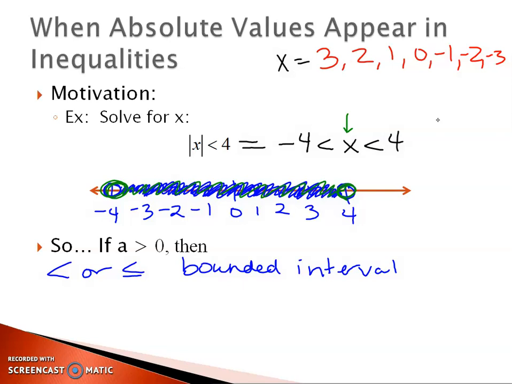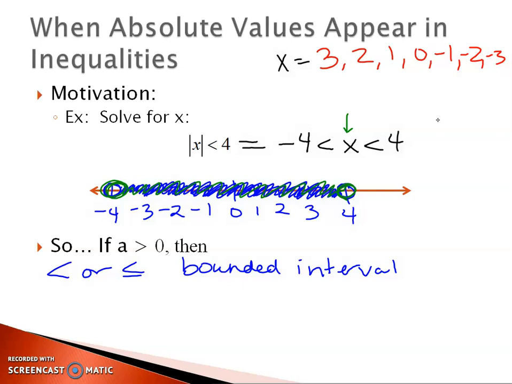Okay? So just like before, when I was solving equations with absolute values, we set up two equations. Okay? So what's going to happen with an interval, when I set up an interval, I'm going to end up with a compound inequality. And compound inequalities are basically two inequalities. Okay? Our less than signs, however, are going to end up giving us bounded intervals.